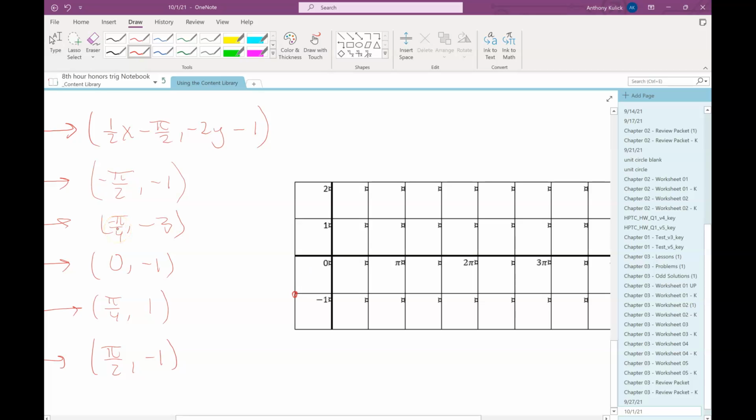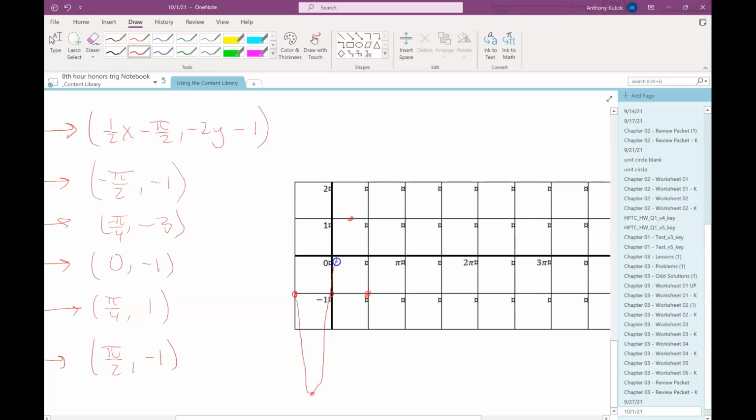Negative pi over 4, negative 3. Negative pi over 4 would be halfway between negative pi over 2 and 0. So that's going to be down there somewhere. 0, negative 1 is right there. Pi over 4, 1 is there. And then pi over 2, 1 is there. Or negative 1, excuse me.